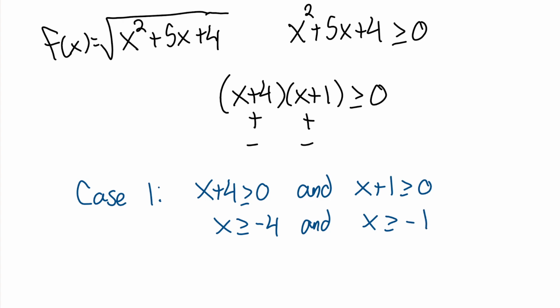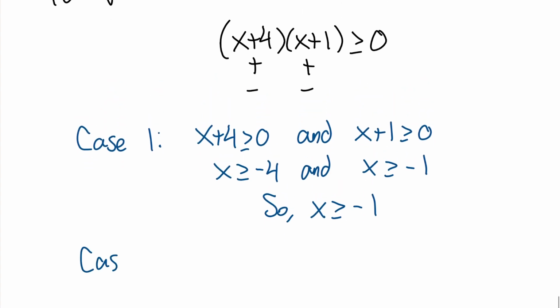Okay. So the only time this is true is if x is greater than or equal to negative 1, right? This is kind of like the overlap part. So x is greater than or equal to negative 1. If it's greater than negative 1, then it's greater than negative 4, but not vice versa.